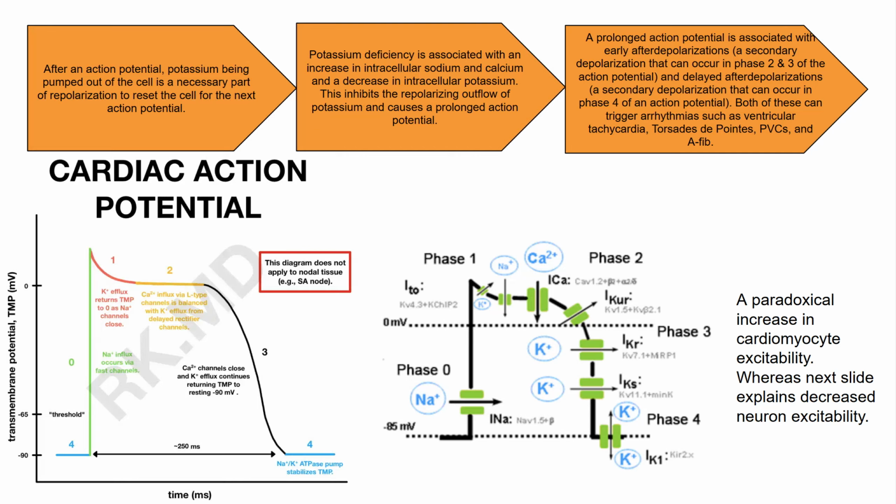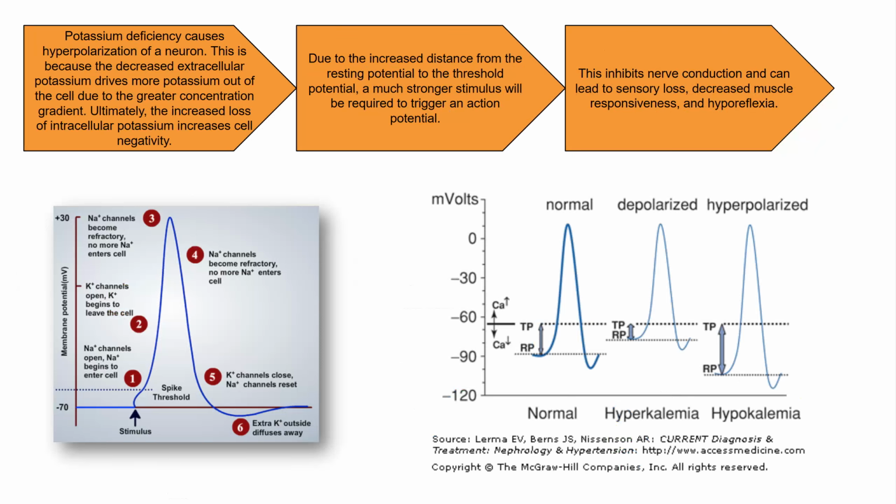Both of these things can trigger arrhythmias such as ventricular tachycardia, torsade de pointes, PVCs, and AFib. Now, what's fascinating here, which we'll see in the next slide, is that cardiomyocytes become more excitable, whereas neurons become less excitable, which is somewhat of an interesting paradox.